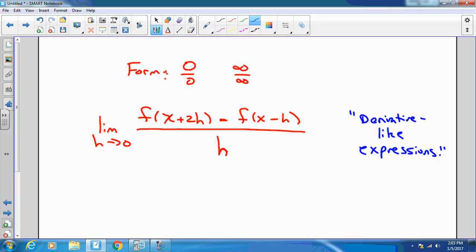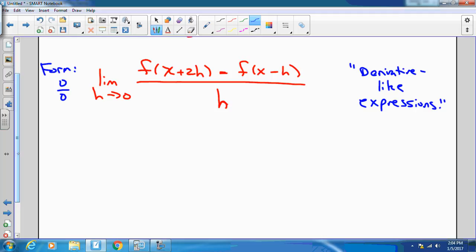If we think of this entire quantity as a function of h with x held constant, and we consider the form, then as h goes to 0, our form will be f of x minus f of x all over 0, so that we have 0 over 0. And I can now appeal to L'Hopital's rule by taking derivatives with respect to h. When I take the derivative with respect to h in the top, in the first term, I get the derivative of the outside function times the derivative of the inside function.